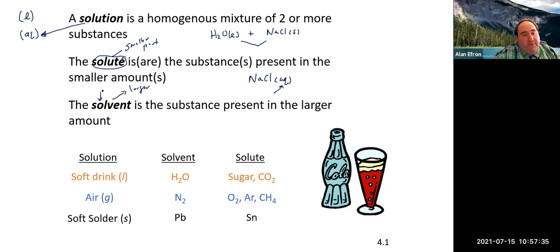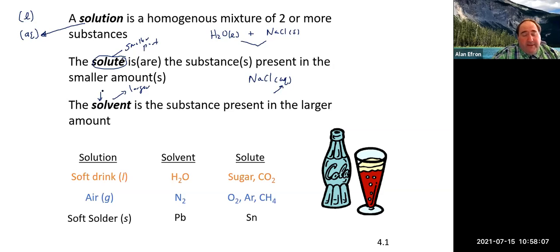As we talked about a little and will talk more about later, ionic compounds dissolve really well in water because it's polar. In a lot of cases, the solvent is water. Not 100% of the time is water the solvent, nor is water a good solvent for certain things. But if it's an ionic compound or something like that, the solvent is probably going to be water.